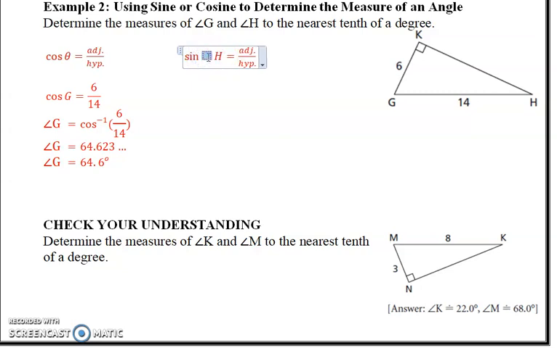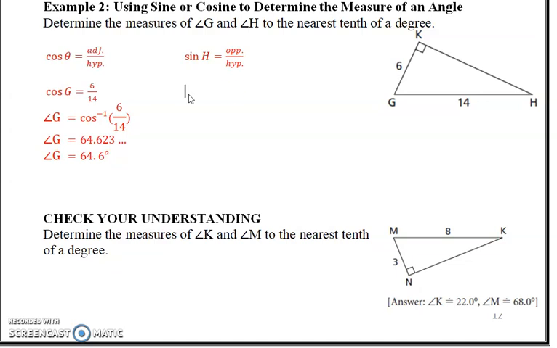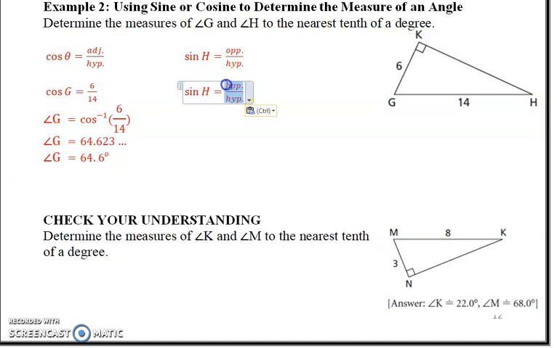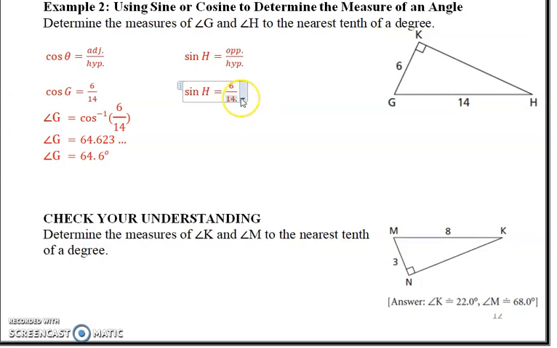Do angle H this time. There we go. So opposite of H is 6/14. Remember this is opposite, not adjacent, obviously. So we'll calculate that. We'll copy. And the opposite would be 6/14. So yes, the ratio is still the same, but you're doing a different trig function on there.